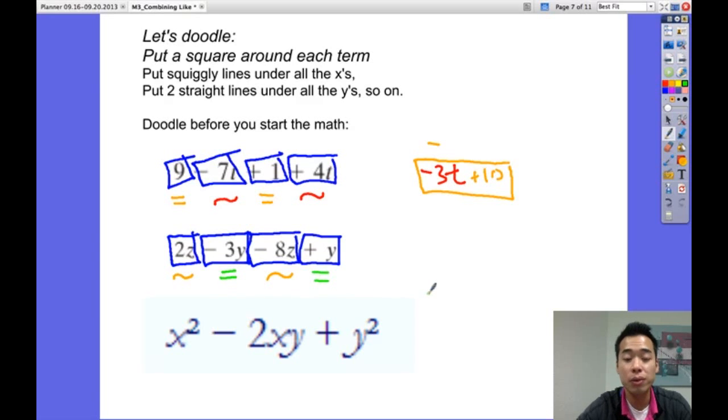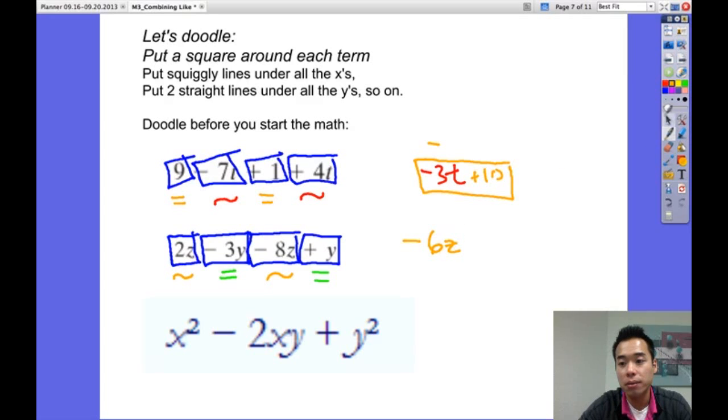And then what I'm going to do is I'm going to combine similar terms. So similar terms would include the 2, I'll start with the squiggly. Positive 2z and negative 8z is going to yield me a negative, let's go back to orange. Positive 2 will combine with negative 8 to give me negative 6z.